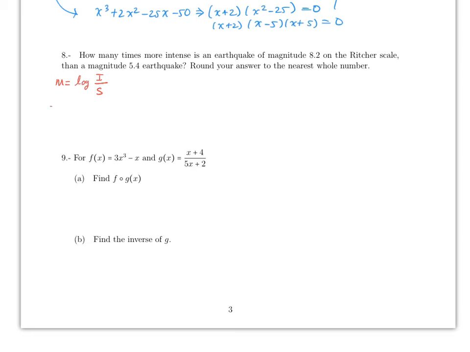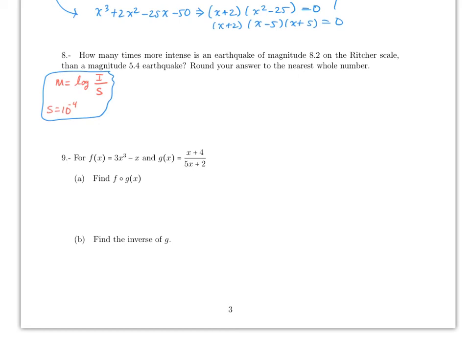In fact, S is equal to 10 to the negative 4. Since we have two earthquakes that we're trying to compare, you need to find the intensity for each of them, and then you divide each over the other to compare how big one is compared to the other.